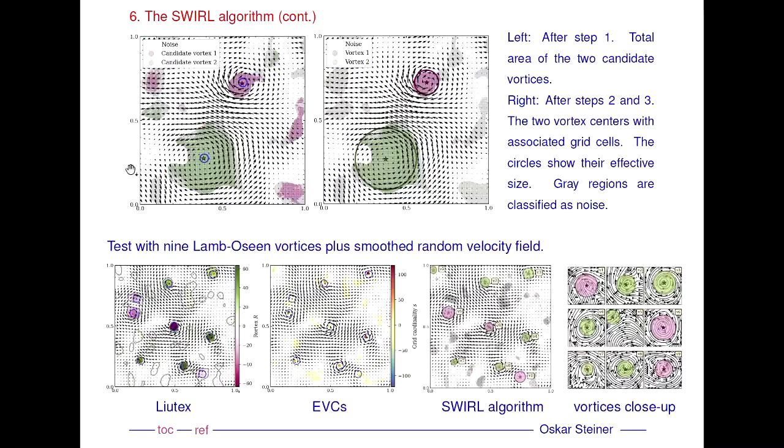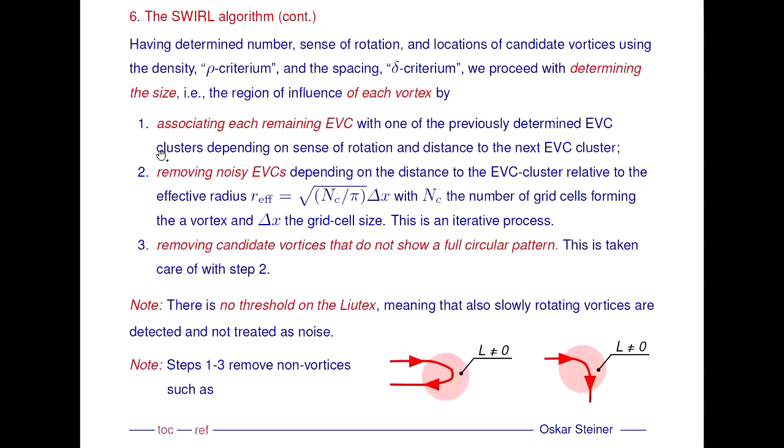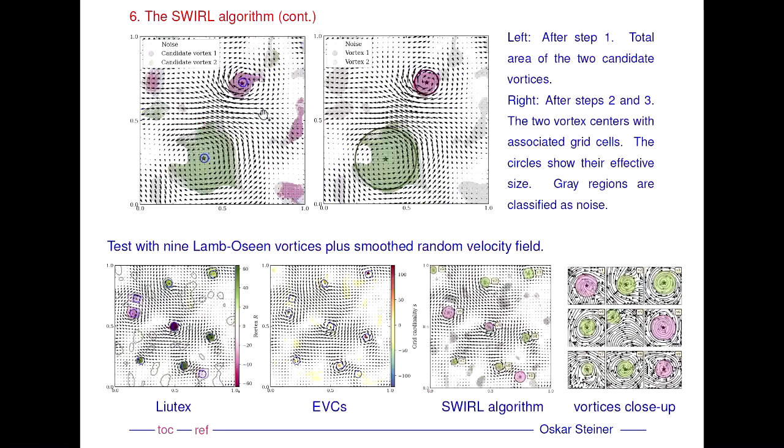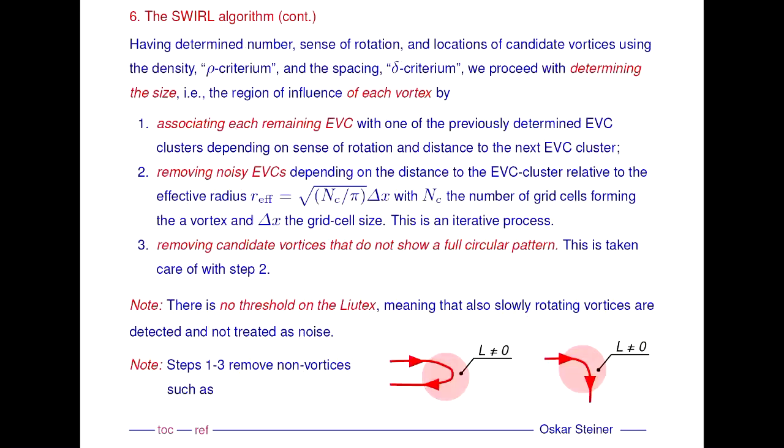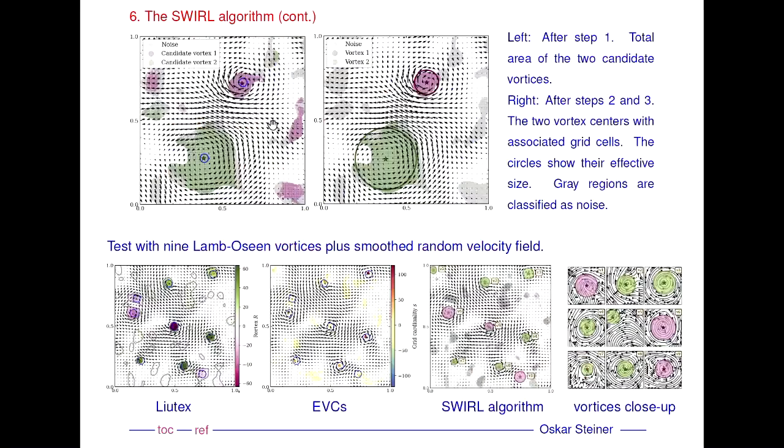Now here we have the situation after step 1. We would have this situation. We have here a vortex, but this region here would also belong to this vortex. But then the second and third steps would take care of these cases here which are too far away and which would treat them as noise.